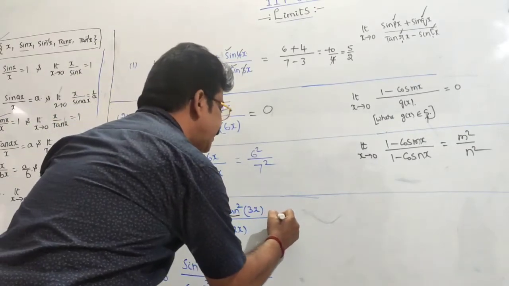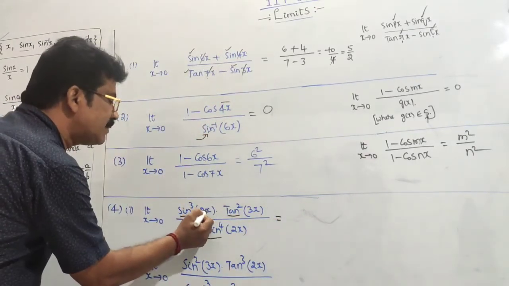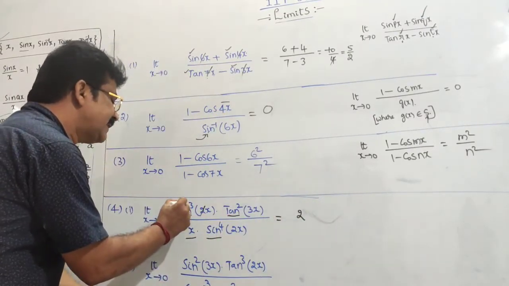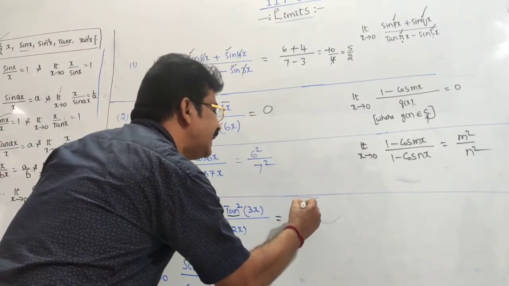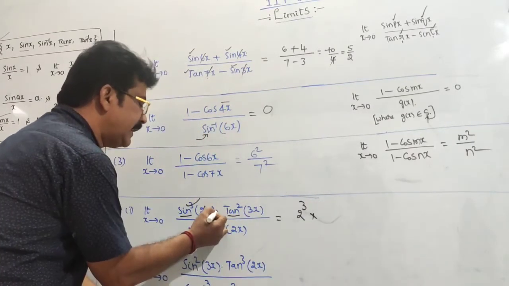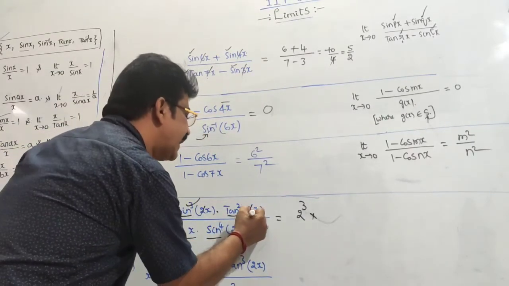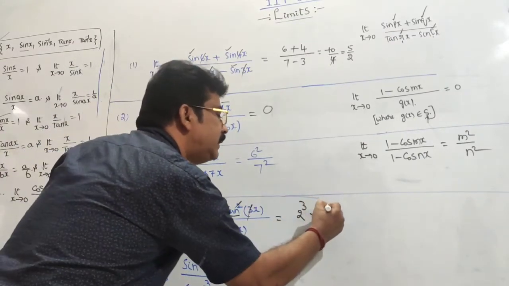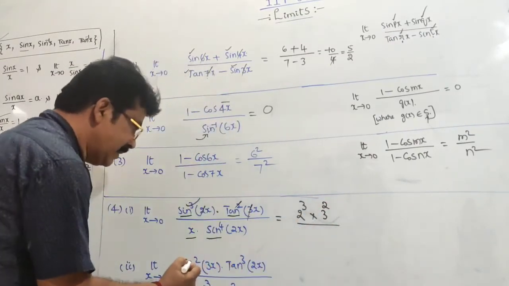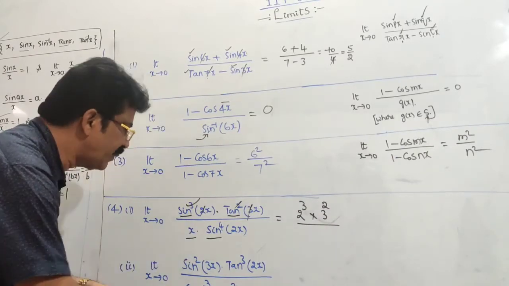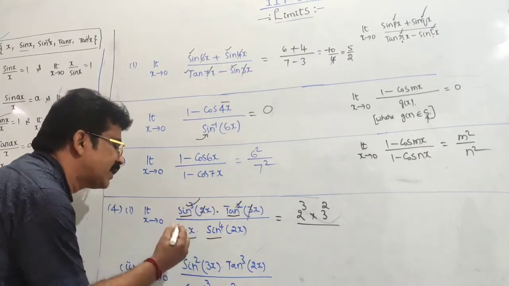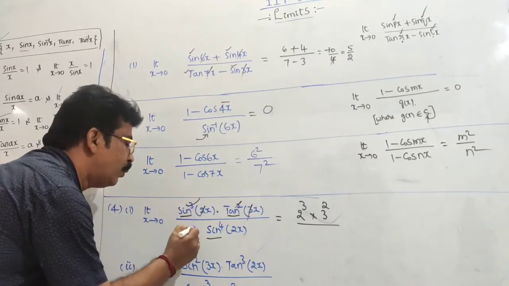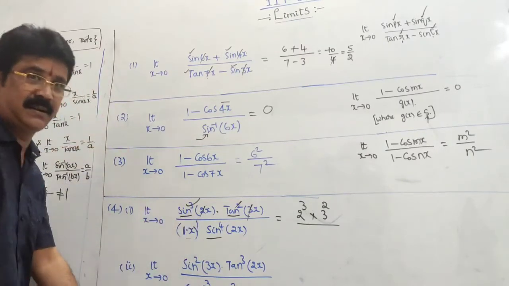So the simple shortcut is: what is the x coefficient? 2. What is its exponent? Degree 3, and into is there. Next, x coefficient 3, next exponent 2, divided by next x, which means 1 into x, whole power 1.